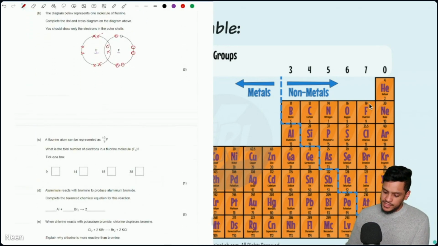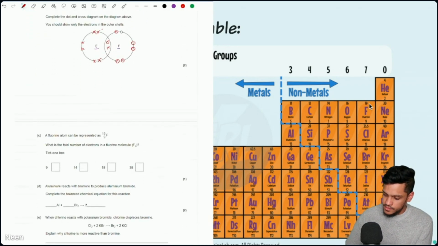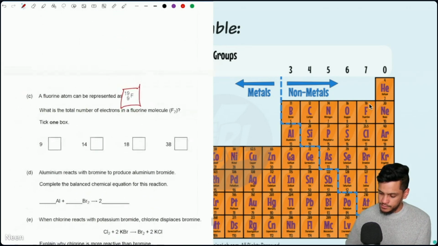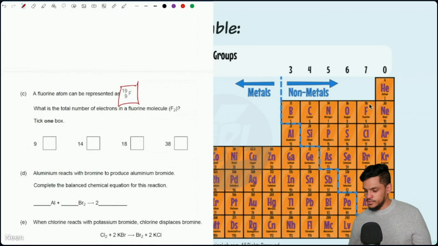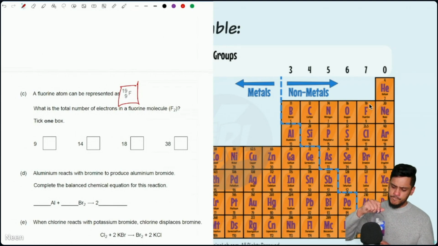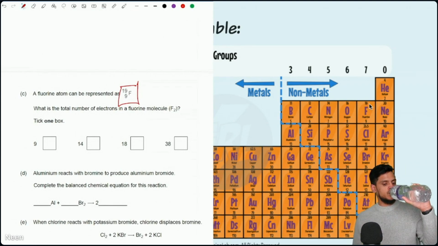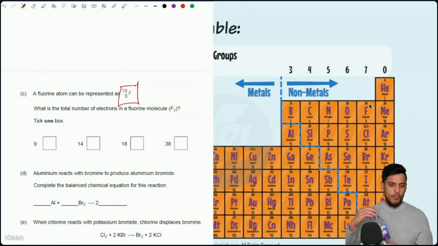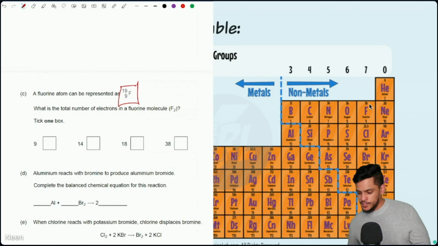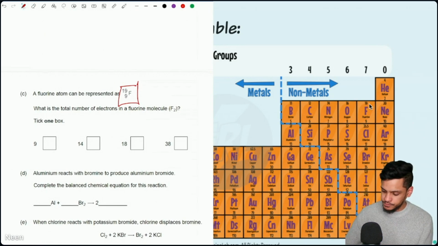Next question. A fluorine atom can be represented as this. What is the total number of electrons in a fluorine molecule? What do you guys think the answer is here? I want you guys to fall into the trap. So top one is mass number. Bottom number is atomic number.